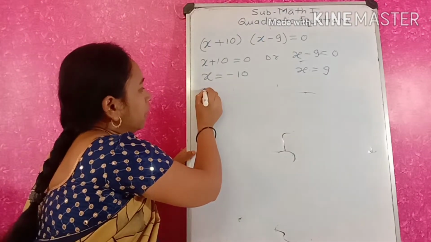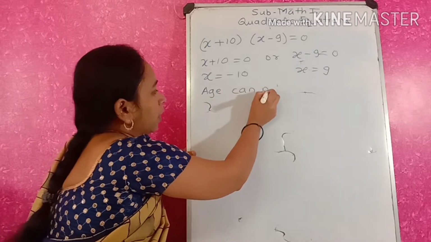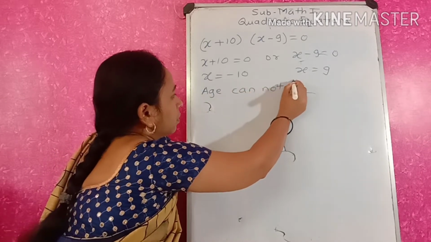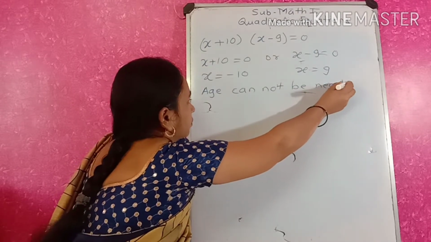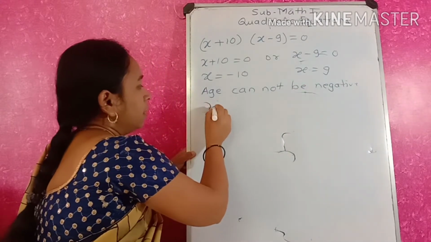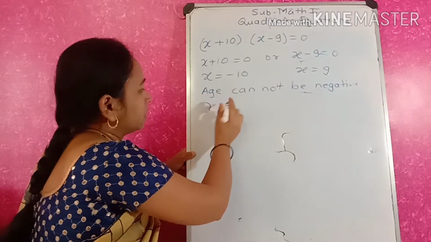So age cannot be negative. Therefore, which value are we going to accept? x is equal to 9.